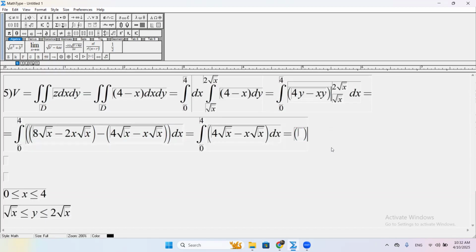So what do we have here? For the first addend, 8 over 3x square root of x minus 2 over 5x square root of x, with the substitutions from 0 to 4.